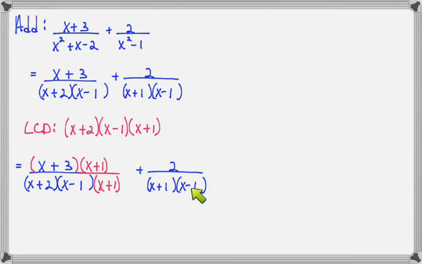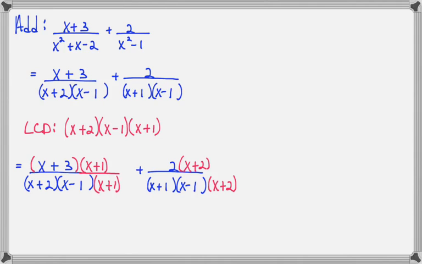Look at this denominator. I have 2 of the factors already, but I am missing the x plus 2. So let's put the x plus 2 in there, but if I put it in the bottom to make the denominators the same, I have to put it in the top as well. Okay, now here is the kind of drag part of these problems.